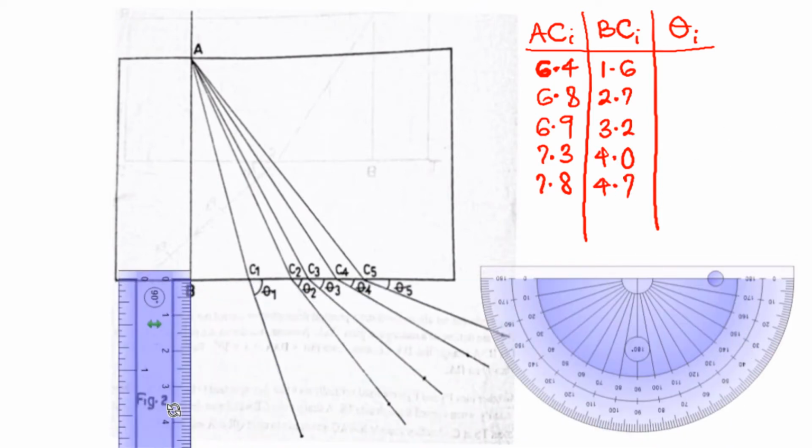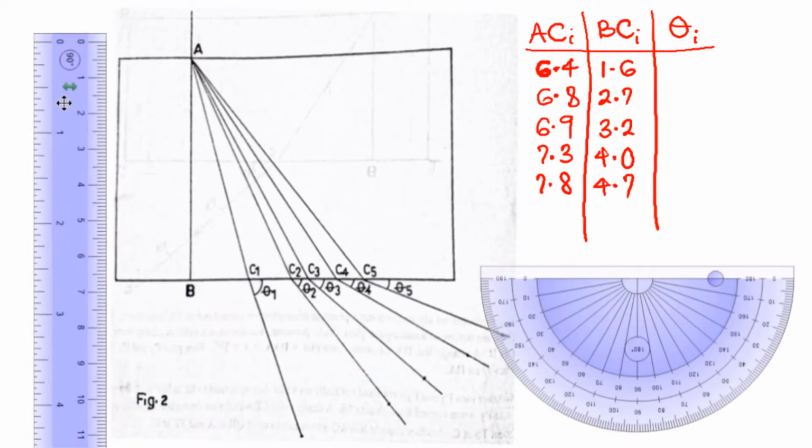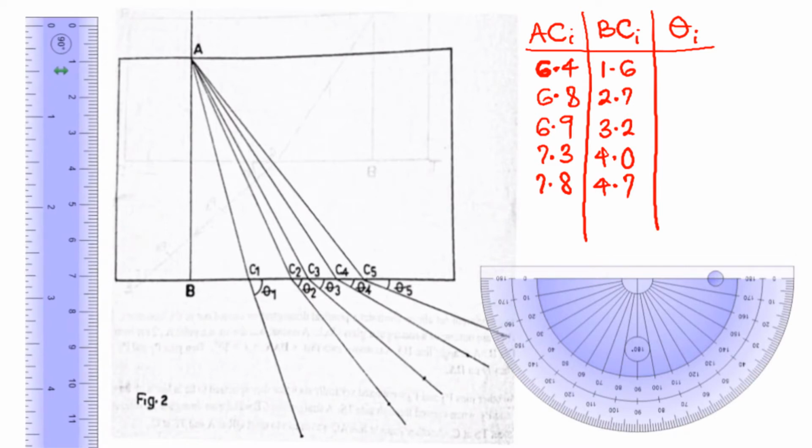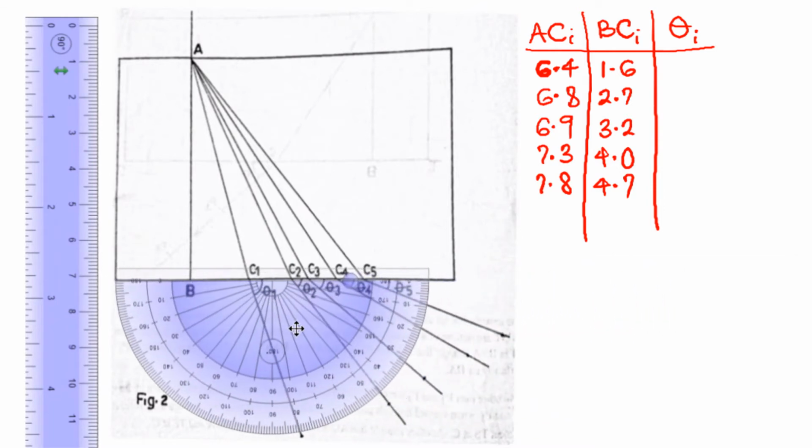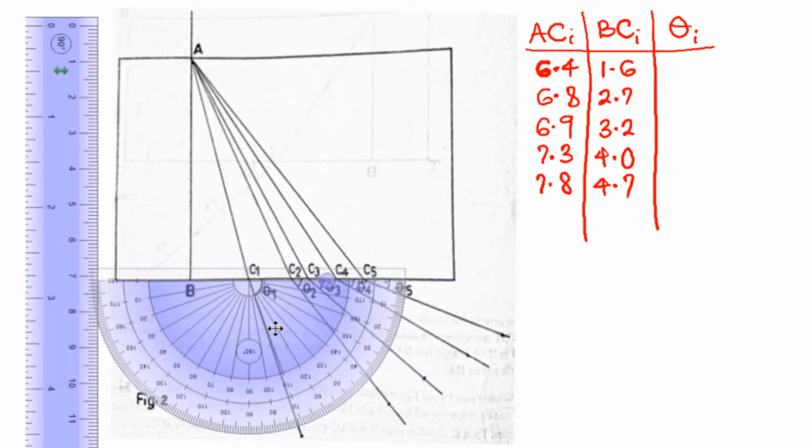So now, moving on, we want to take our protractor and measure the angle theta in each respective case. First, theta 1: we put the center of the protractor at the point of intersection of the line on C1, just as shown in red, and we measure theta 1. From this diagram, theta 1 will be 72 degrees.